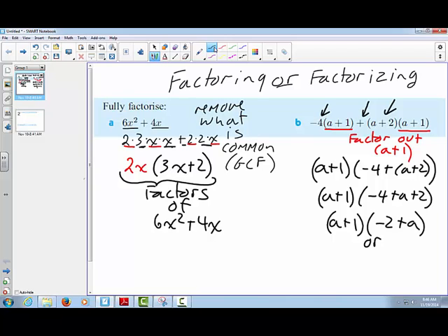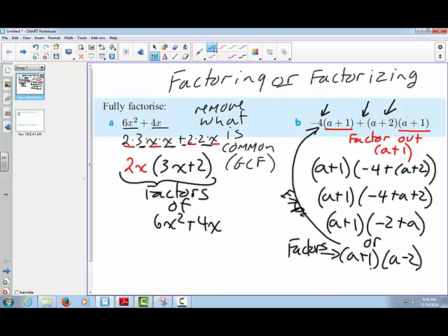Or you can also write it as a plus 1, a minus 2. Those are my factors. Going from here, this way is expanding. This way is factoring.